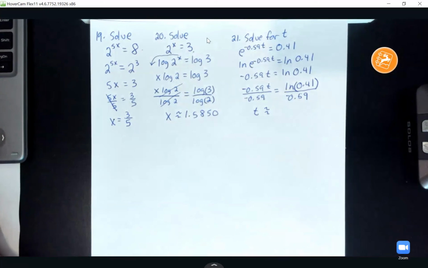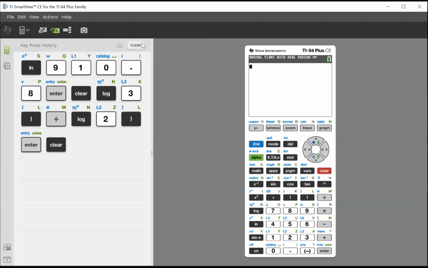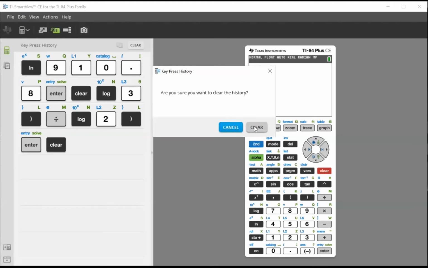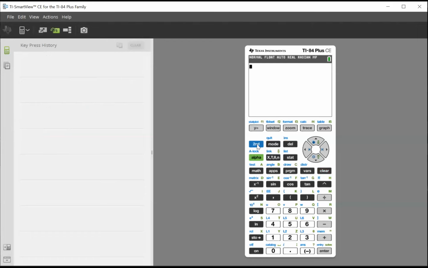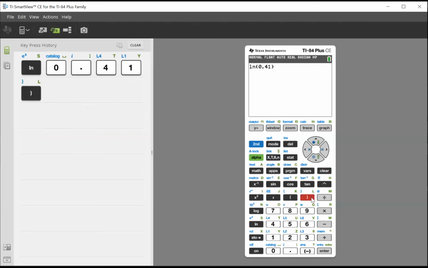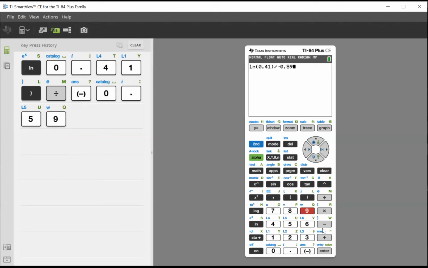So y'all, I'm going to pull that up on our calculator. So we got an ln 0.41. And like I said, close those parentheses. Then divide that by your negative 0.59.